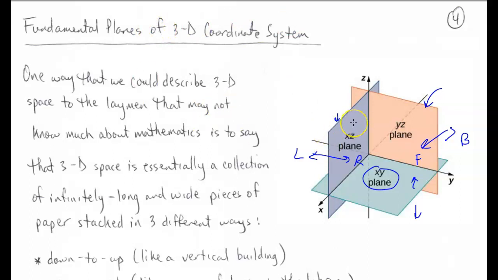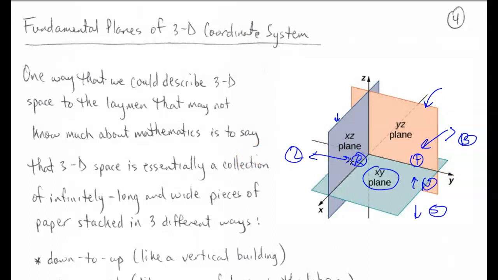So if we think of this 3-dimensional coordinate system as a bunch of planes, or as I like to call them, infinitely long, wide sheets of paper with infinitesimal thickness, going in those 3 directions that I mentioned, meaning from front to back, north to south, or east to west, or left to right. Okay.